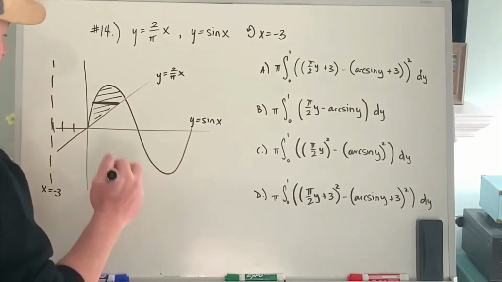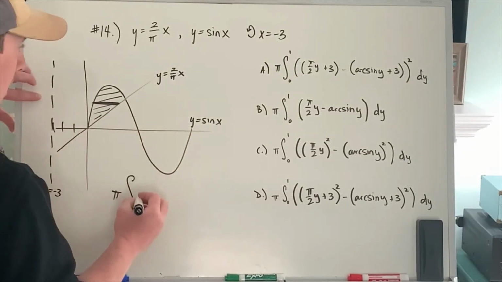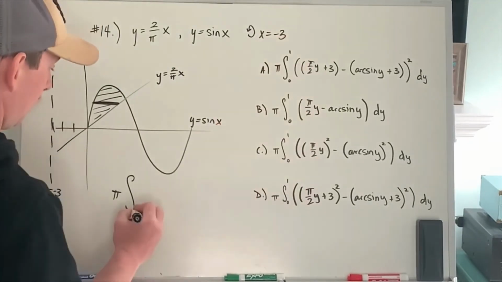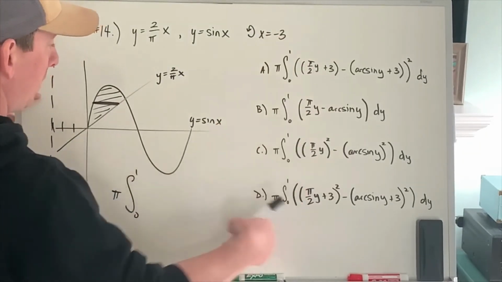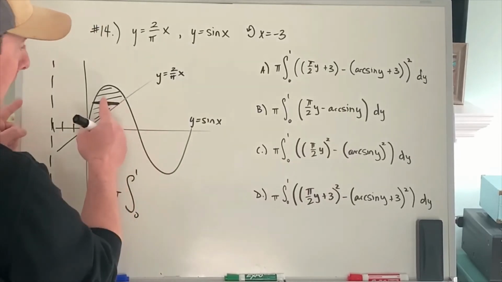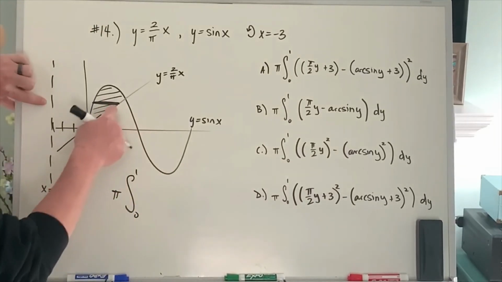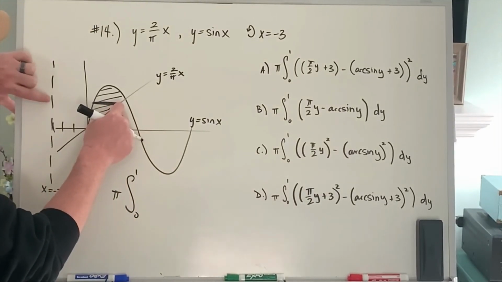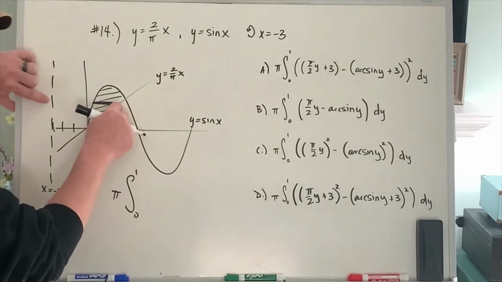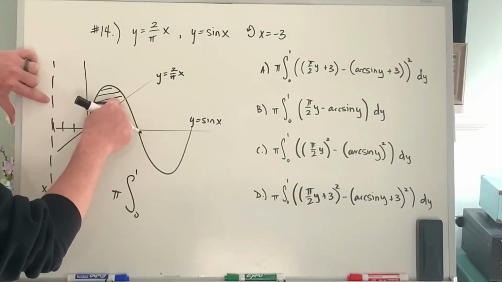So we're using the washer method. I'm just going to guess my bounds are 0 to 1 because that's my only option over here. And the big radius is going to be right minus left. This side of the rectangle is further away, so that side is going to make my big radius.